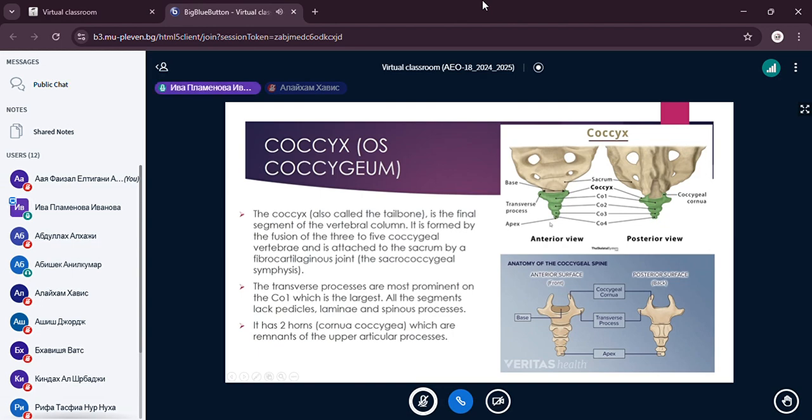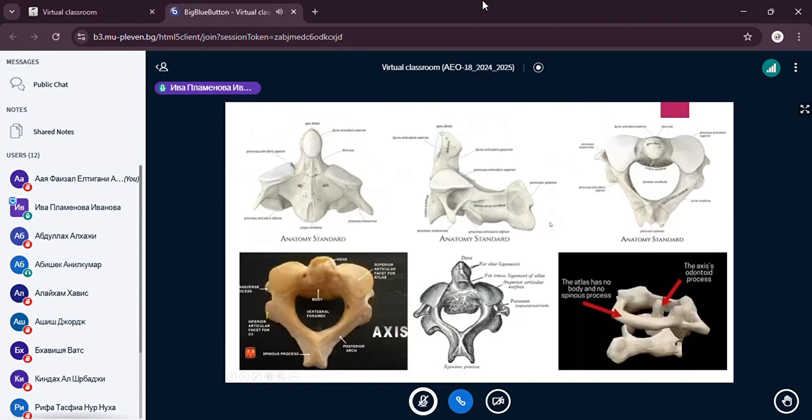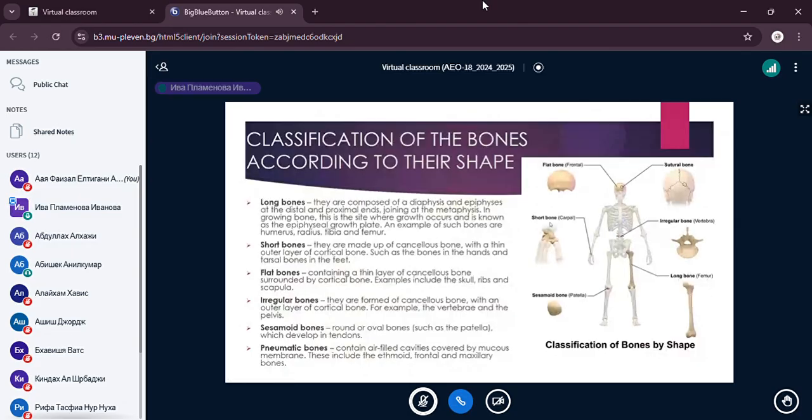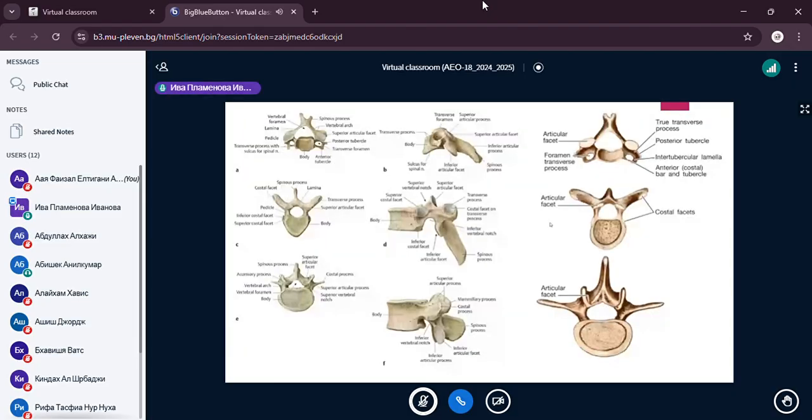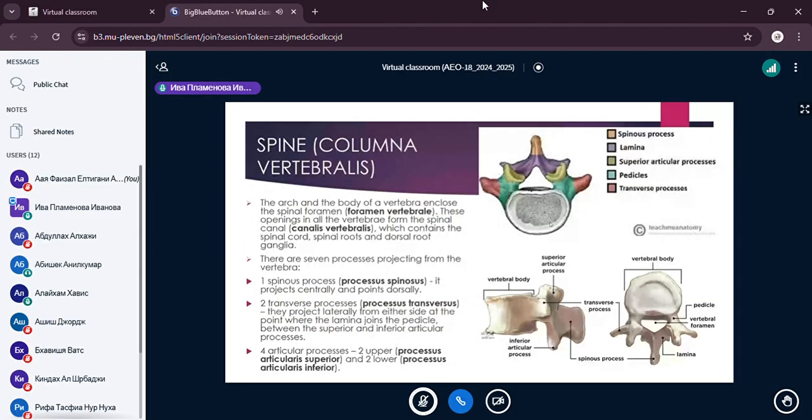So let's start again from C1. The first slide for the spine is for common information for each vertebra. Each vertebra has a body, 7 processes, and an arch.